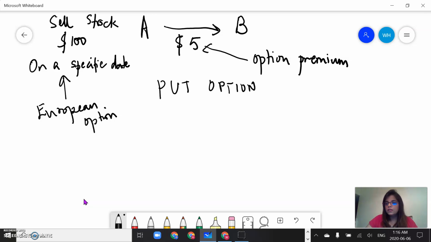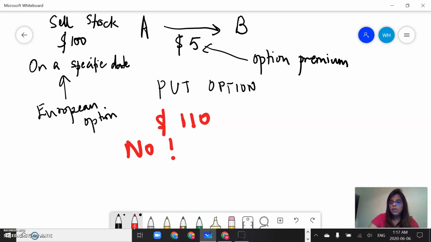Now let us see when the option can be exercised and when it is in the money. Let's assume that on the specified date, or on the exercise date, the stock is trading at $110. Will A go ahead and exercise the option? Most likely not. He will allow the option to lapse for good reason.